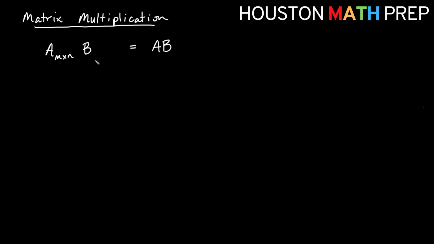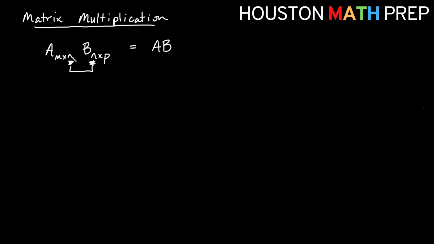Okay, and so the way that will work is this would need to be something like n by something else. Let's say n by p. I won't use O because O can tend to look like 0. So we'll say n by p. Okay, so the idea here is that this second dimension here and this first dimension here, okay?